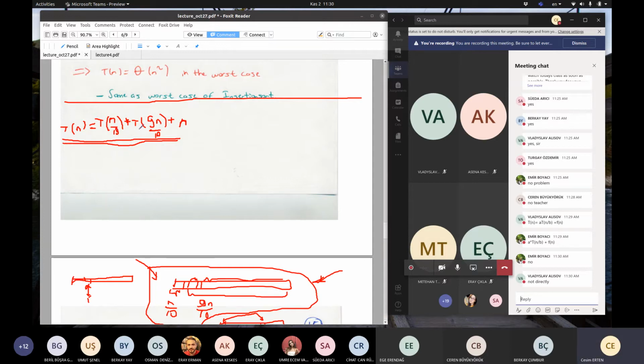Can you all try drawing a recursion tree for this recurrence and finding a guess for an upper bound for T of n using your recursion tree?